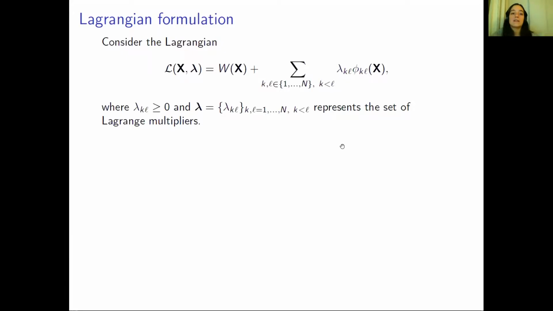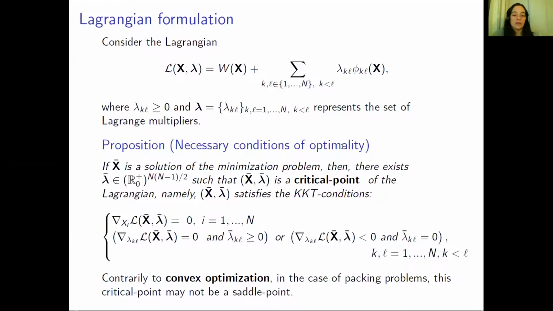And the necessary conditions of optimality say that if x bar is a solution of the minimization problem, so if it's a minimizer, then there exists a lambda bar such that (x bar, lambda bar) is a critical point of the Lagrangian. So it means that it satisfies the KKT conditions. And in the case of convex optimization, these conditions are also sufficient.